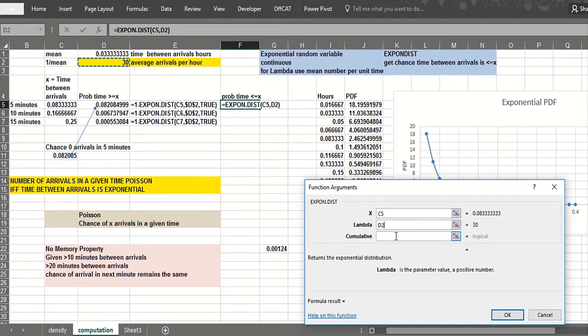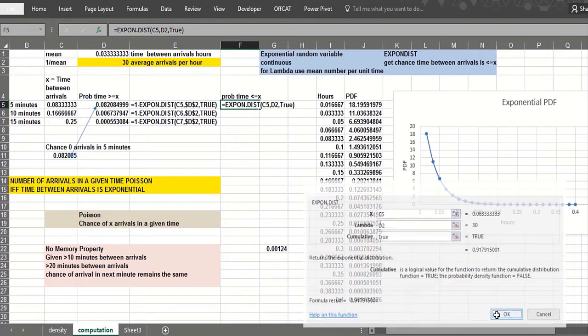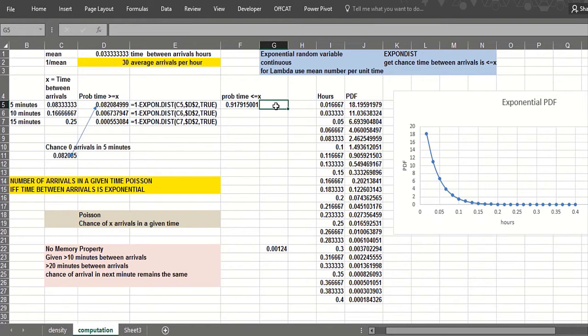And if you want the cumulative, you use true. If you turn it to false, you can get the height of this exponential density, but we don't really care about that. So you get 91.7%. Okay, there's a 92% chance there'll be an arrival within 5 minutes. And so 1 minus that will be the chance it's greater than or equal to 5 minutes between arrivals, 8%.